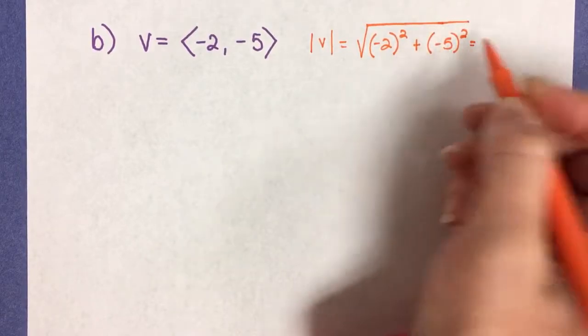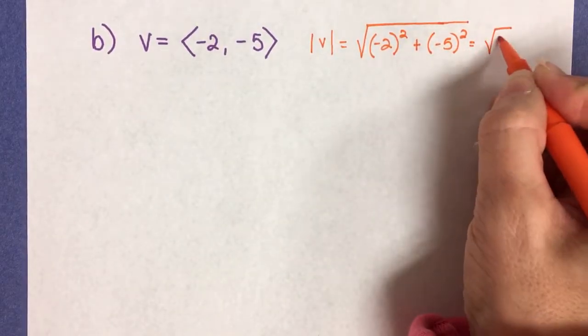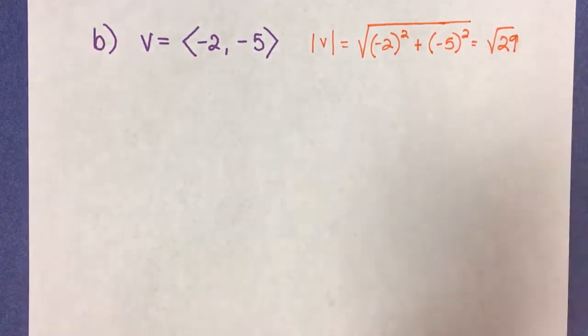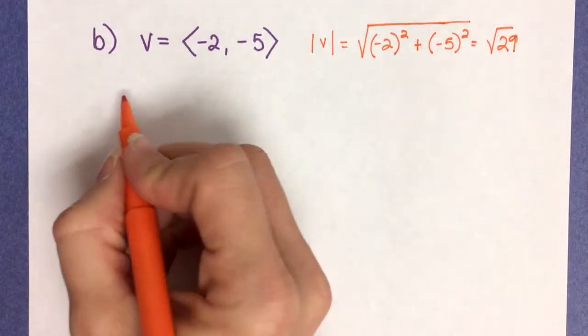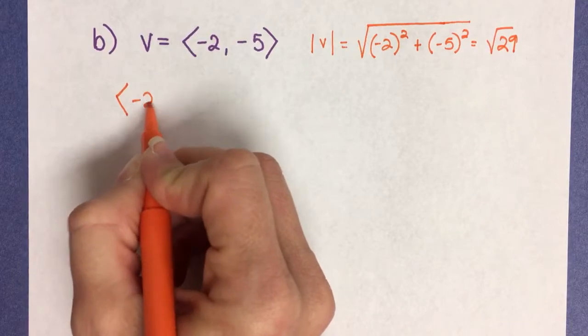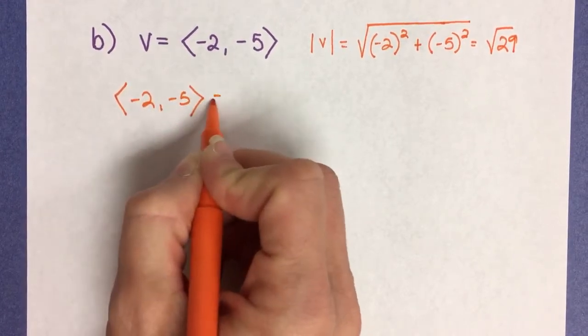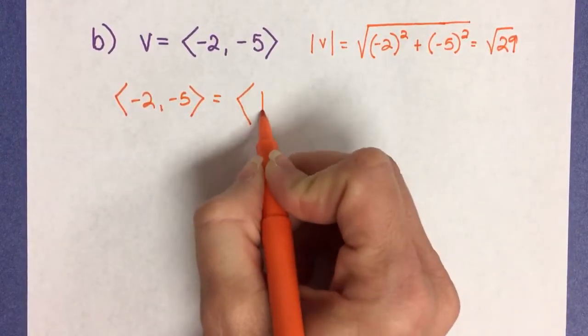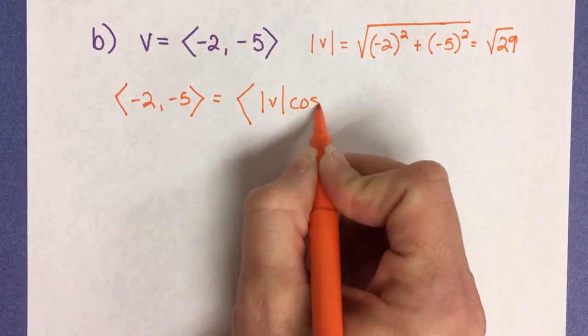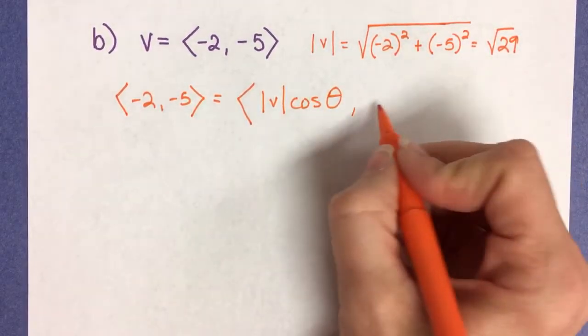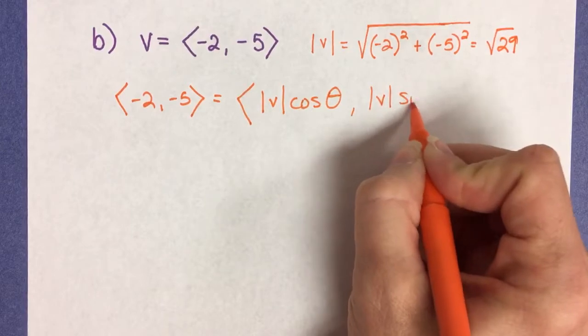So that'll give us 4 plus 25, so that means that I have the square root of 29, okay? So I have the vector -2, -5. Of course, this is my formula that this is equivalent to.